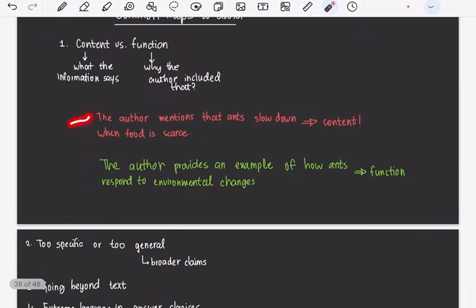If the author mentions that ants slow down when food is scarce, this is content, while the function is that the author provides an example of how ants respond to environmental changes. This says why the author has mentioned that, and this says what the author has mentioned. This is not what you're looking for in a purpose question; rather, you're looking for the function of a specific quotation.